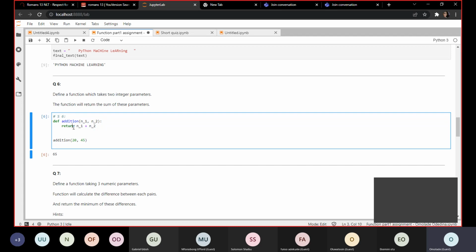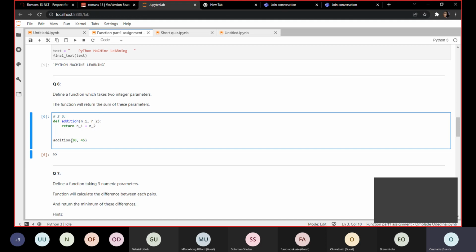So it's supposed to return the sum of these parameters. This is where the keyword return comes in. From the name, return gives your function the result of what you have written. So when you call that function, what you're returning is the result that is supposed to show. Once you have done everything, it returns the summation of n_1 and n_2.